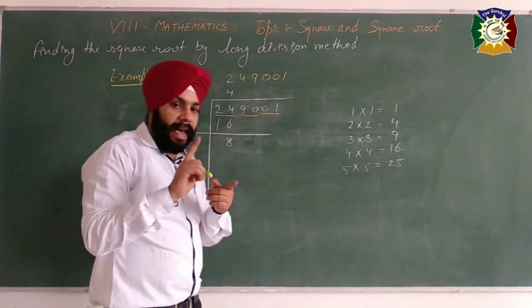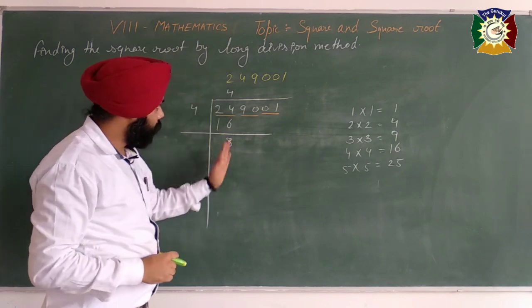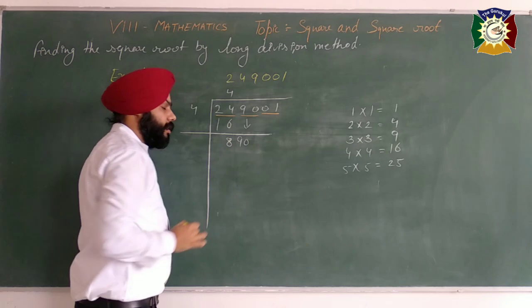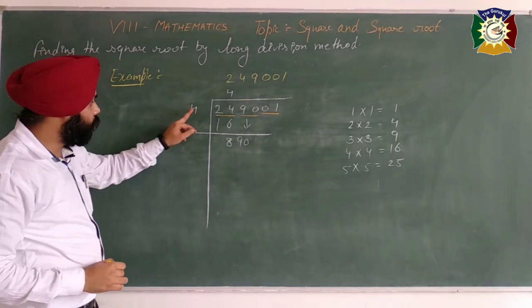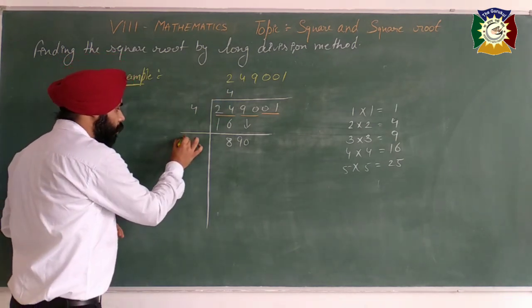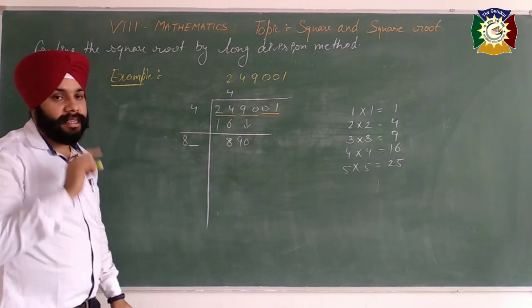As in division we carry down one number, but in square root we have to carry down a pair, that is 90. And from this side, to make the divisor, add 4 and 4, that becomes 8, and write it down at the tens place and leave the ones place as it is.